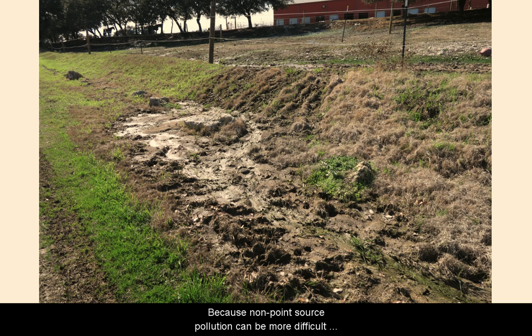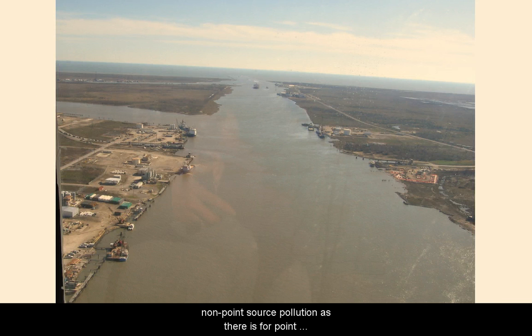Because non-point source pollution can be more difficult and costly to describe and control than point source pollution, there's no single law or permitting system for non-point source pollution. Responsibility for non-point source pollution control in Texas for agriculture and forestry falls on the Texas State Soil and Water Conservation Board and on the Texas Commission on Environmental Quality.